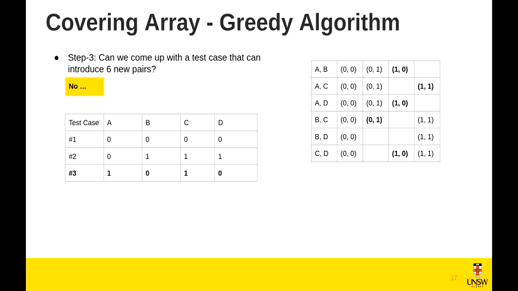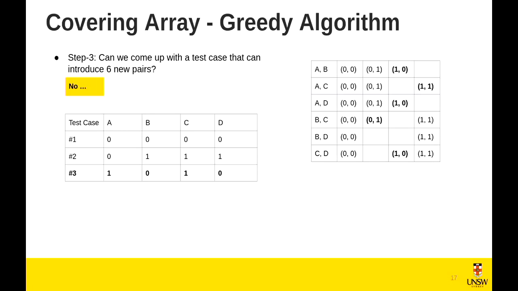If we use 1, 0, you can see that we can bring in a new coverage for AB, which is 1, 0. We can also bring in a new pattern for AC, 1, 1. For AD, 1, 0 is also new. For BC, 0, 1 is also new. But for BD, we have to suffer from a duplicate here, which is 0, 0. And for CD, it's a new one, it's 1, 0.